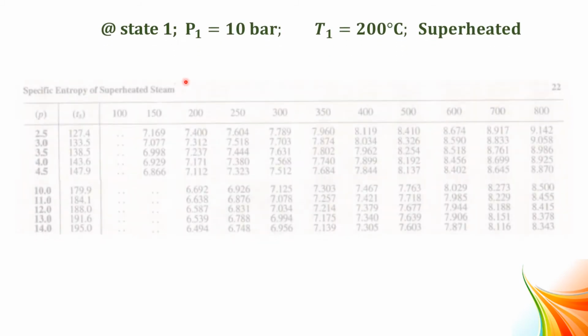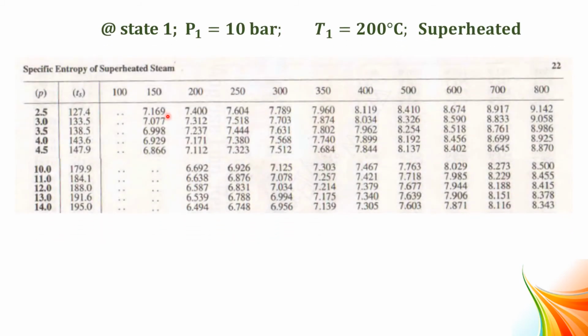For determining the quality of steam at throat section or exit, we have to know the specific entropy of the steam, because the expansion process that takes place in the nozzle is an isentropic process. Therefore, entropy S1 equal to St equal to S2.